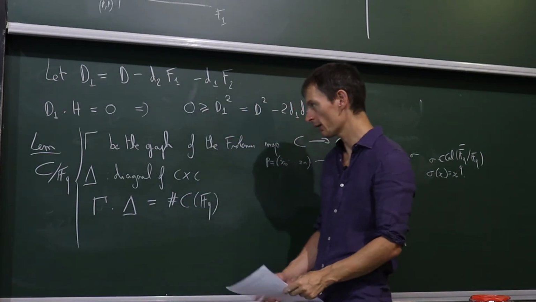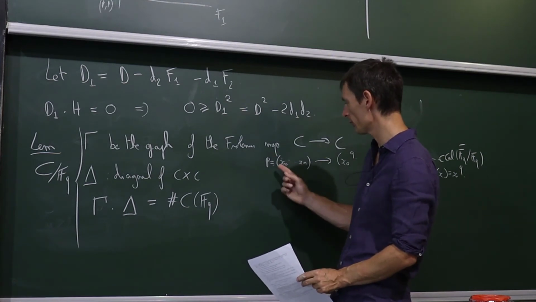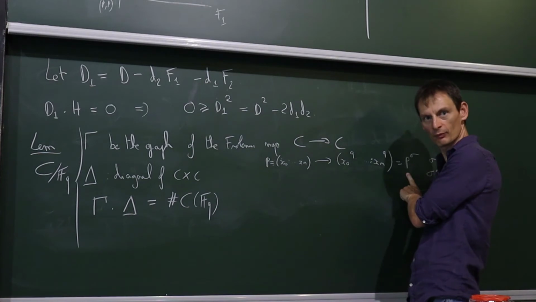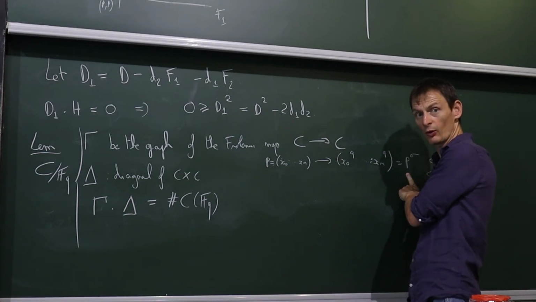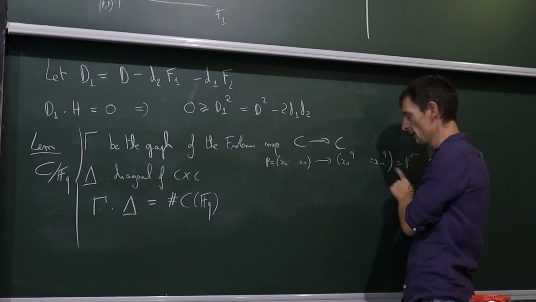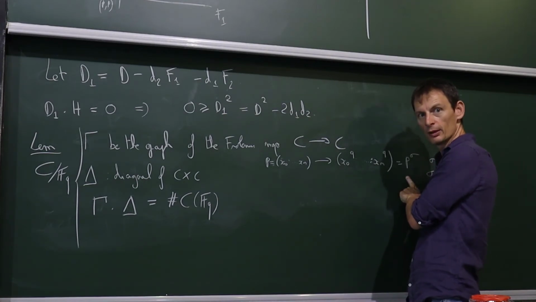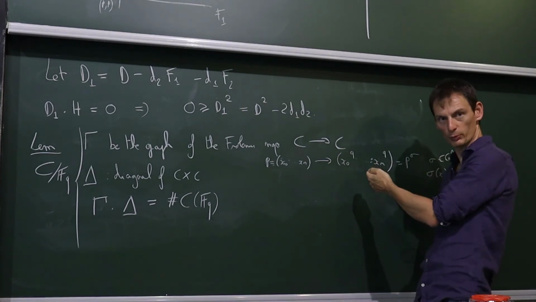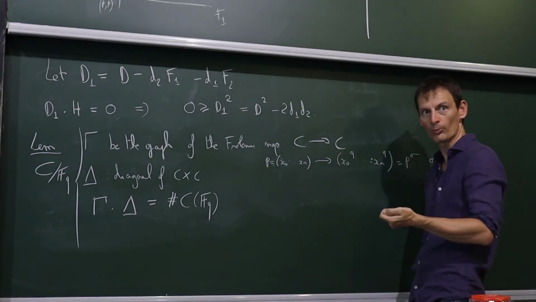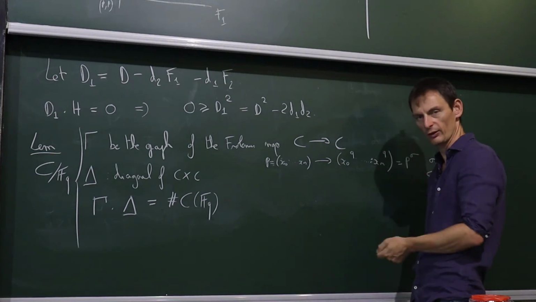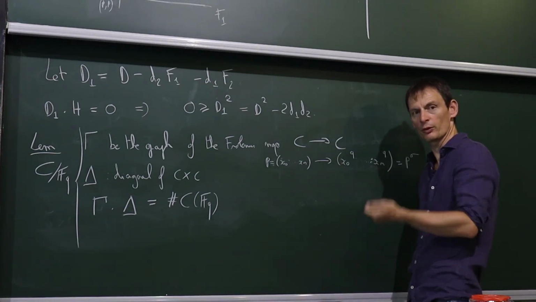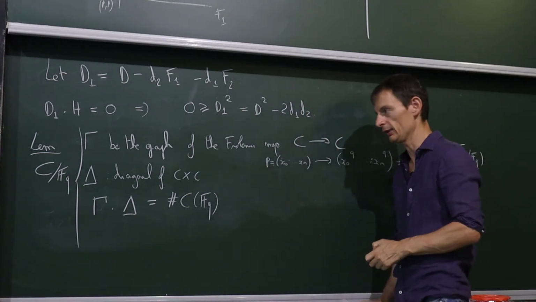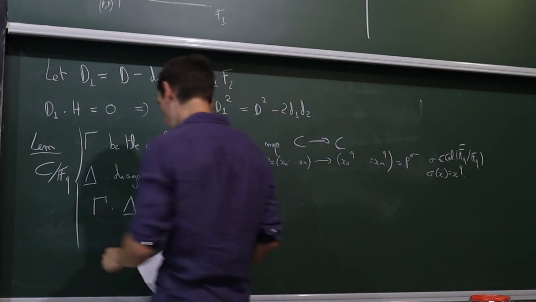Why so? Look at what it means to be on the graph: a point P, sigma of P. And to be on the diagonal means that P is equal to sigma of P. That means all coordinates have to be rational, so the point is rational. So what you're counting in this intersection is the number of rational points on C, meaning this cardinality.